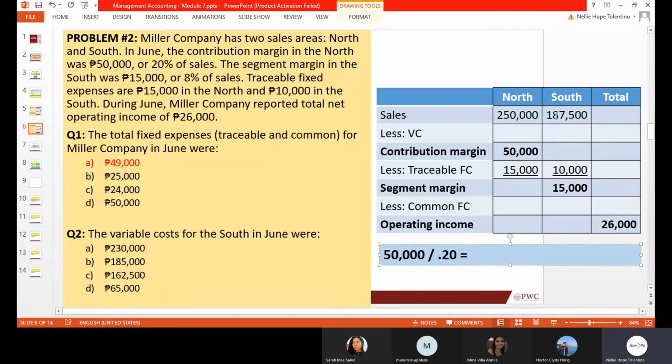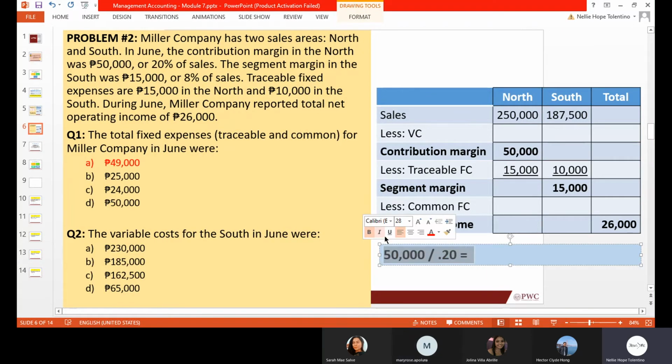And ito, 187,500, same lang, pero this time kasi segment margin siya. So, yung critical dito is kung nalagay mo siya sa tamang box. Kasi pwedeng baka dito mo malagay, like dito sa North na contribution margin. Pero dito, segment margin siya. So, dapat yung 15,000 dito mo siya ilalagay.